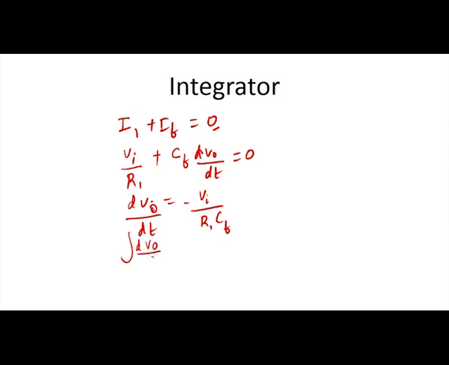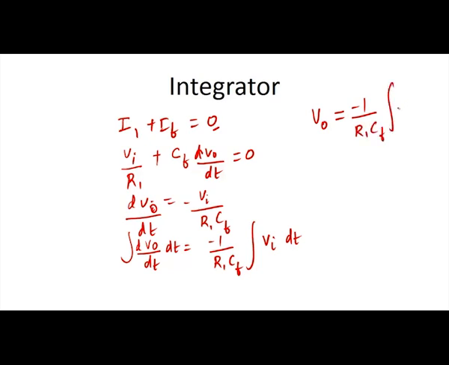So, take integration on both sides with respect to time. This is constant, 1 by R1 CF, times the integral of VI dt. So, this gives you the equation V0 is equal to minus 1 by R1 CF integral of VI dt.